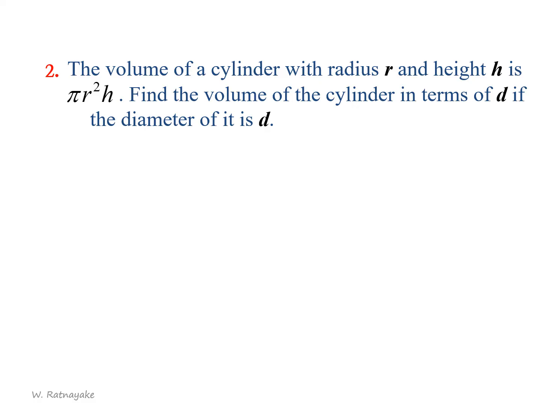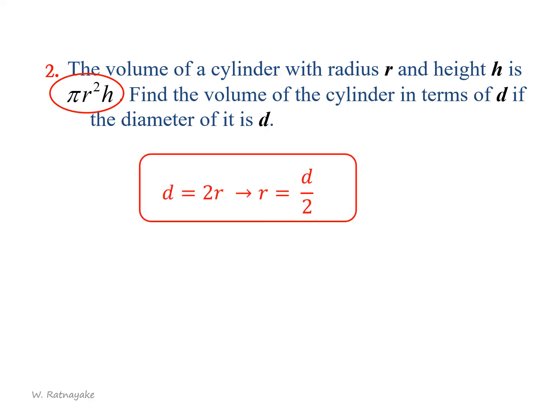Now here the formula for finding the volume of a cylinder is pi r squared h. Now we have to find another formula replacing r by d. Therefore we must know the relationship between diameter and radius. We know diameter is 2 times the radius, that means d equals 2r. That means r equals d divided by 2.